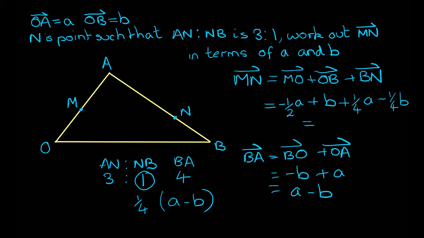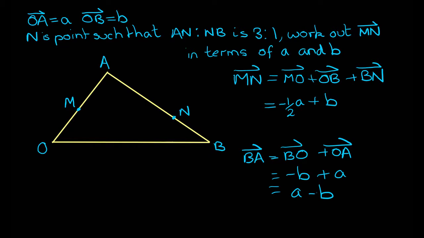So let's tidy that up, see what we've got. So we've got minus 1/2 A plus 1/4 A. So that means overall we've got minus 1/4 A. And then we've got plus B minus 1/4 B. So that means that we've got 3/4 B. So M to N, our vector M to N, is minus 1/4 A plus 3/4 B. And B to N is half of that.